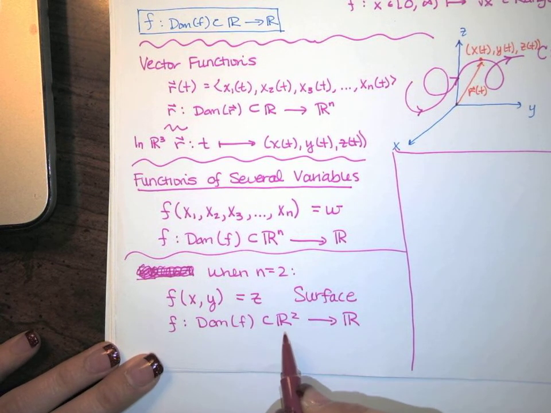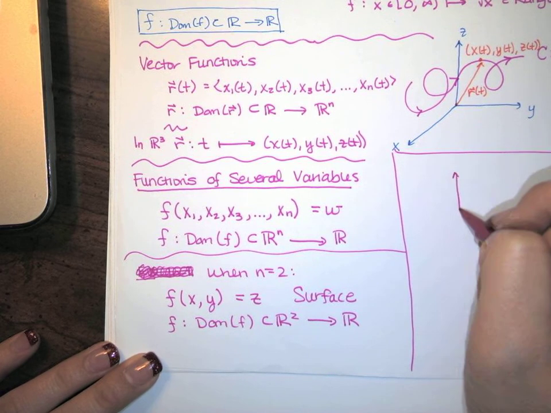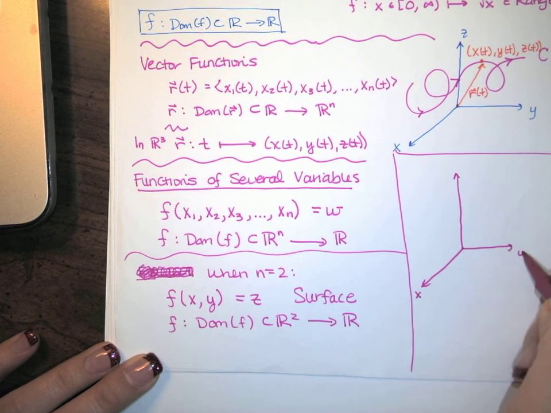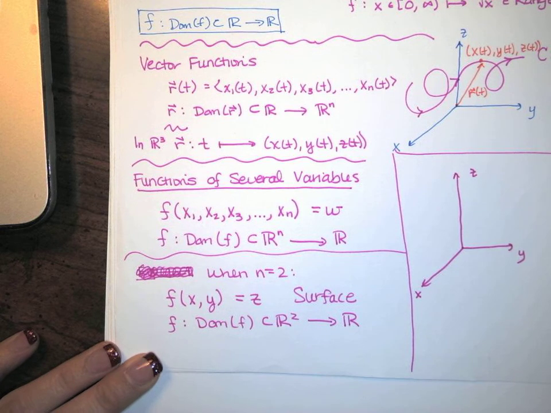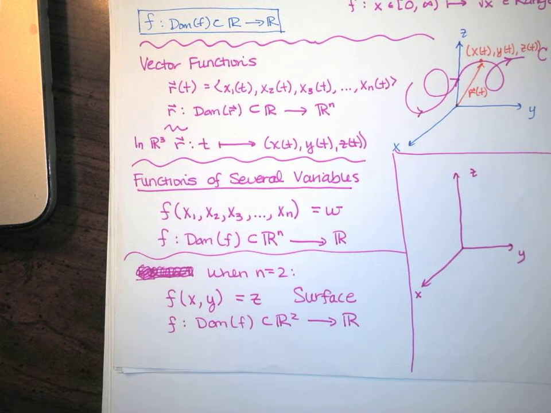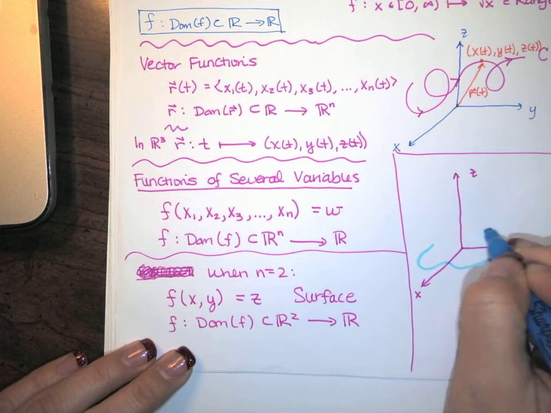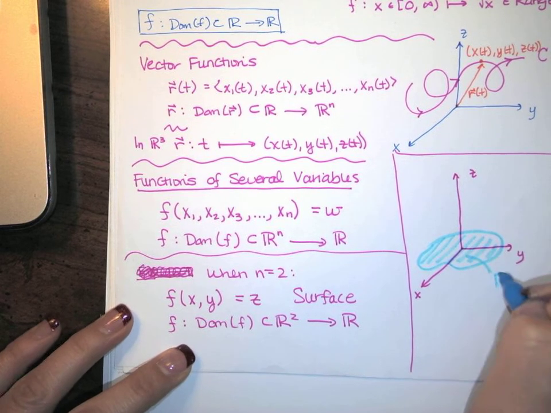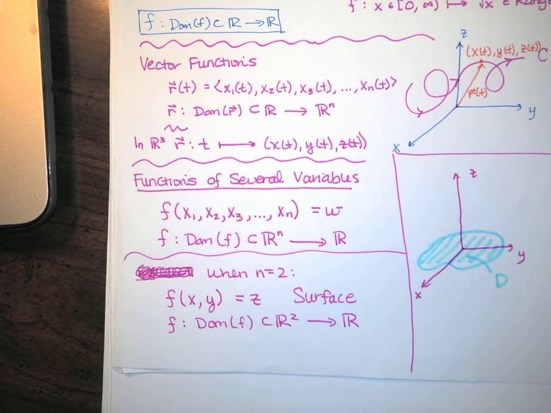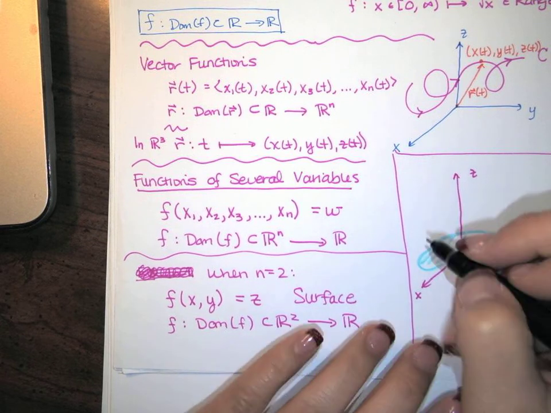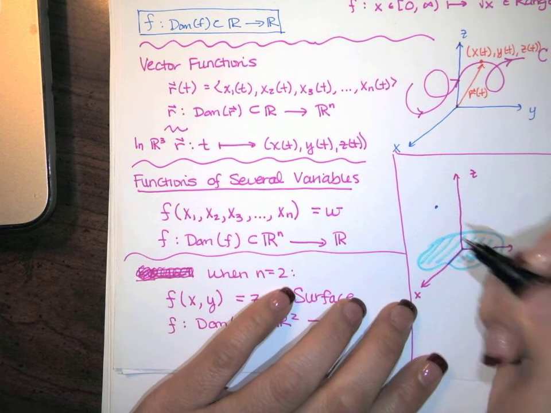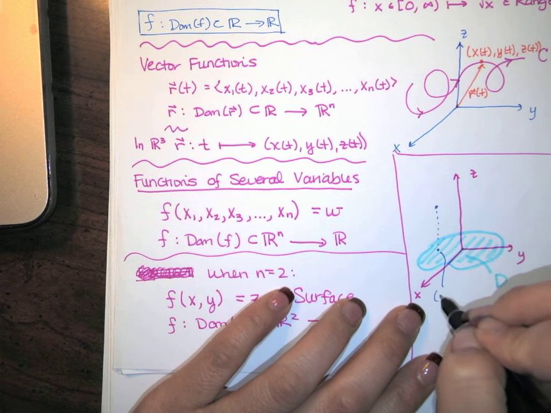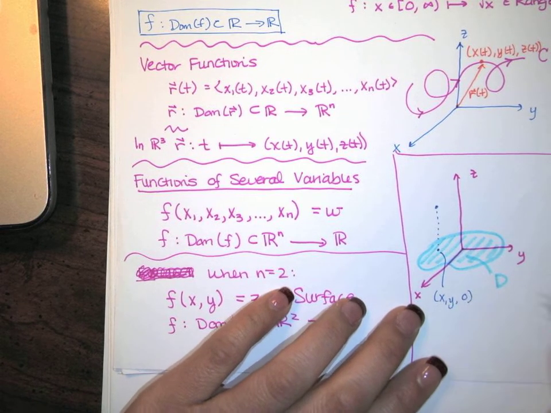So we're taking points in the xy plane. Here's x, here's y, and here's z. Let's say this is our domain D. For every point in that domain D, I'm going to associate it with a particular z value. So maybe this is the point x, y, and z equals 0.